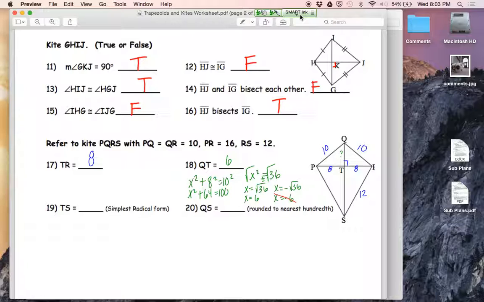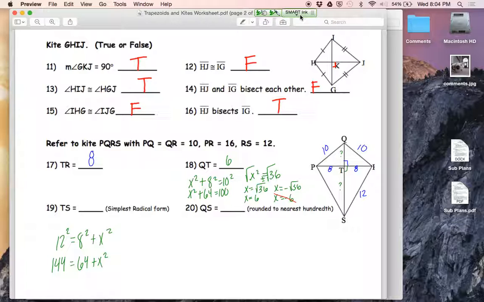Okay, TS, and it wants it in simplest radical form. So again, TS is here. I've got a right triangle. So 12 squared equals 8 squared plus x squared. So we've got 144 equals 64 plus x squared.